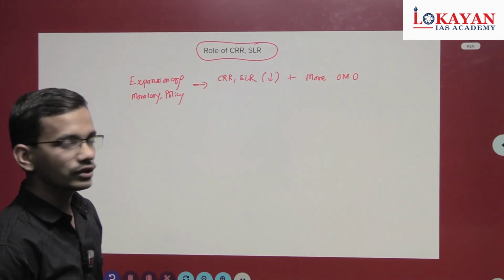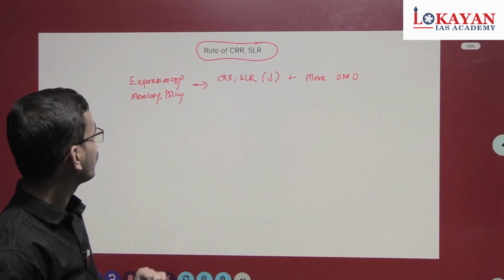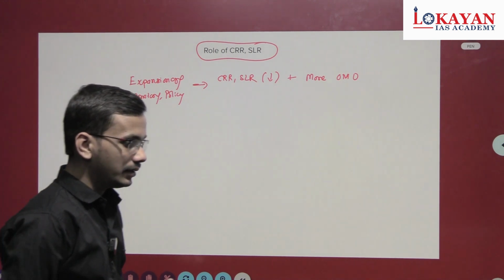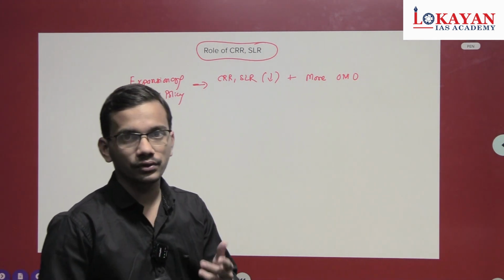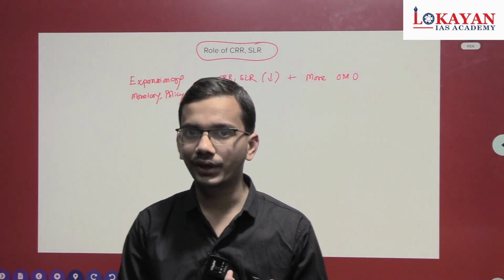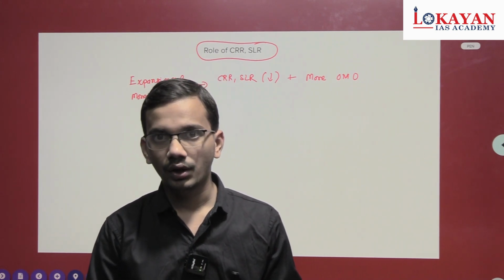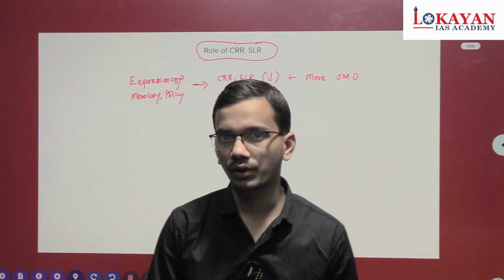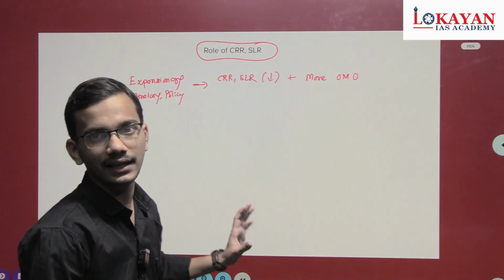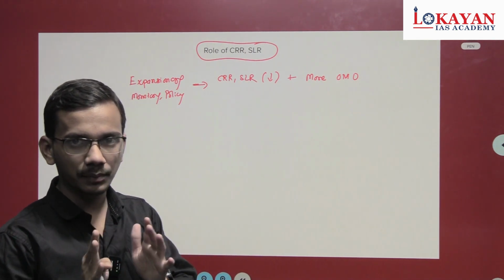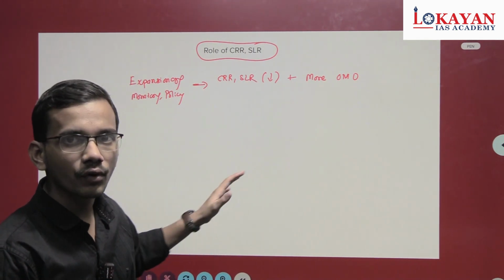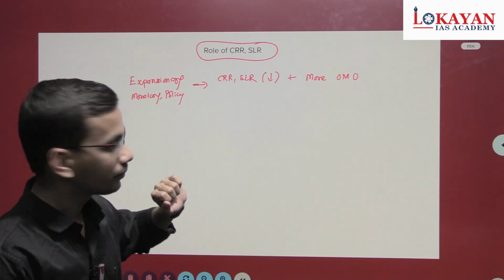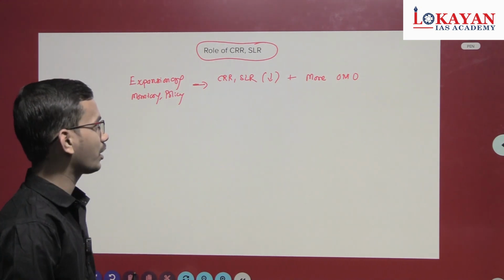These are the characteristics of expansionary monetary policy. See, monetary policy has two components, two types of tools, quantitative tools and qualitative tools. Go through them. Okay, because here we are not discussing in detail because we are discussing only that part which is important for solving our MCQ. Okay, this is expansionary monetary policy.